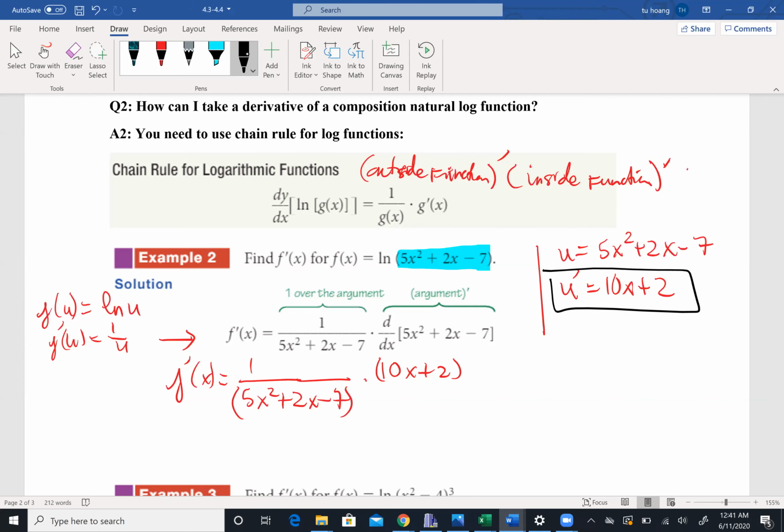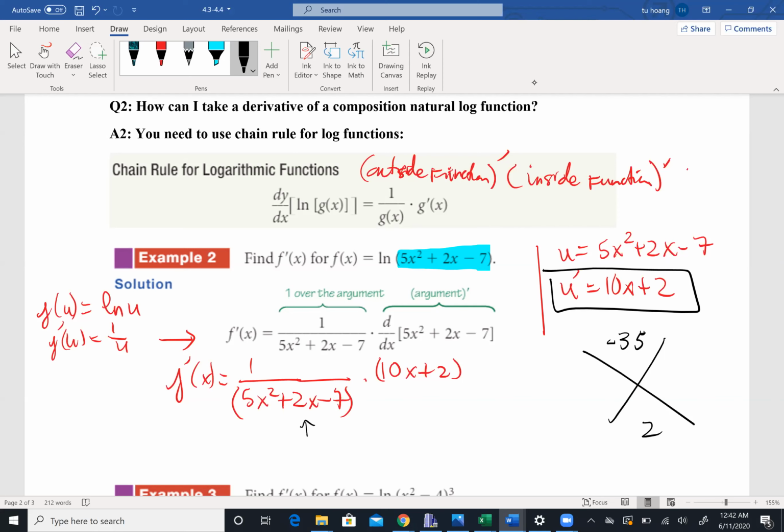For this case, I maybe think about whether I can factor this. I need to check. I have 5 times negative 7, which is negative 35. A times C is negative 35, and B is equal to 2.